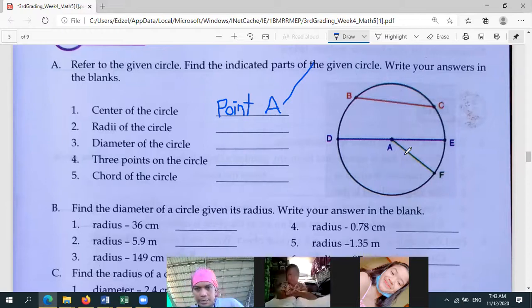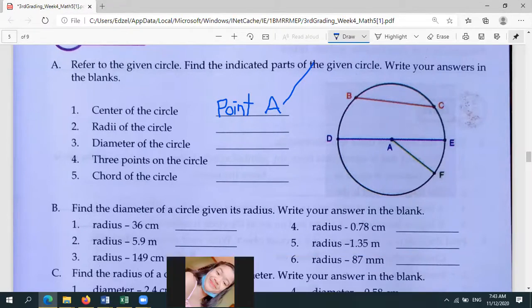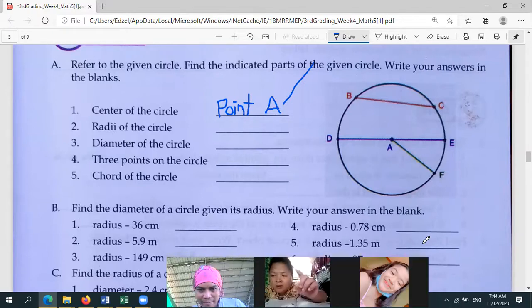Aisha, how many radius did you see in the circle? 6, sir. 6, lower. Aisha, lower. Josh, raise your hand. 1.